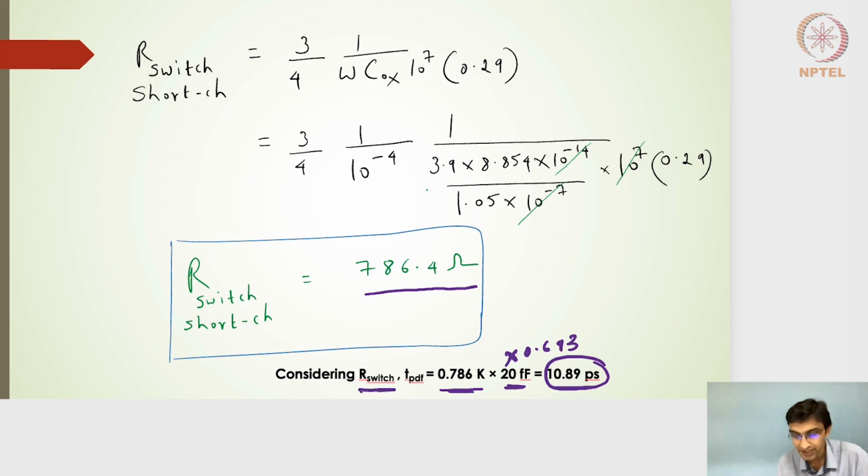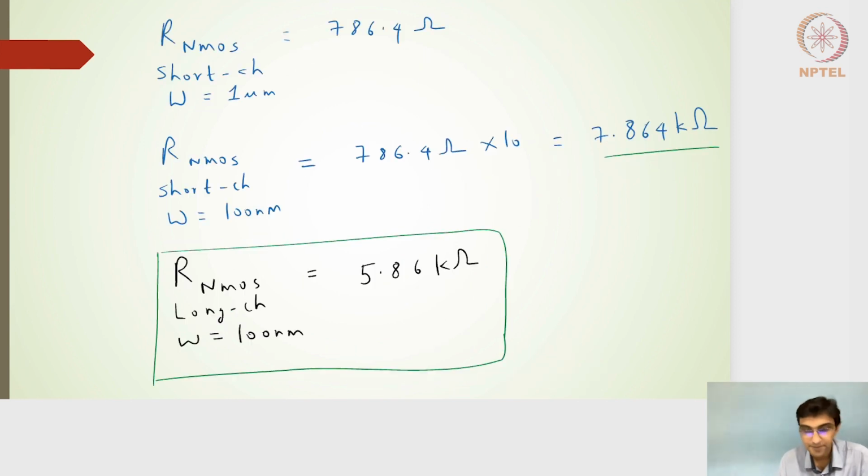So if I somehow find out the R switching resistance and multiply by the capacitive load, and of course multiply by log of 2 if it is a step input, then I'm likely to get the propagation delay falling for the digital transistor circuit. Hope this is clear.